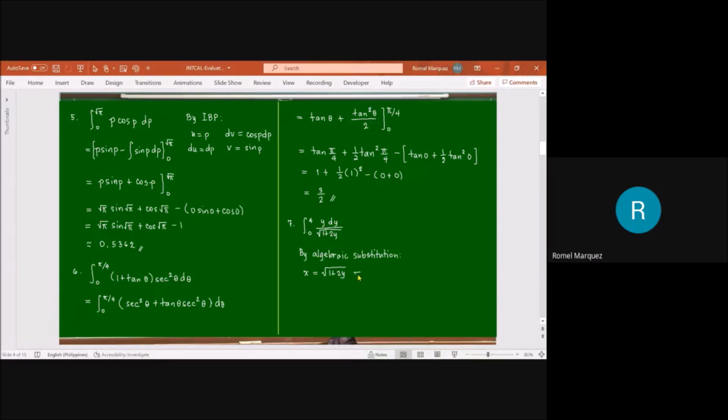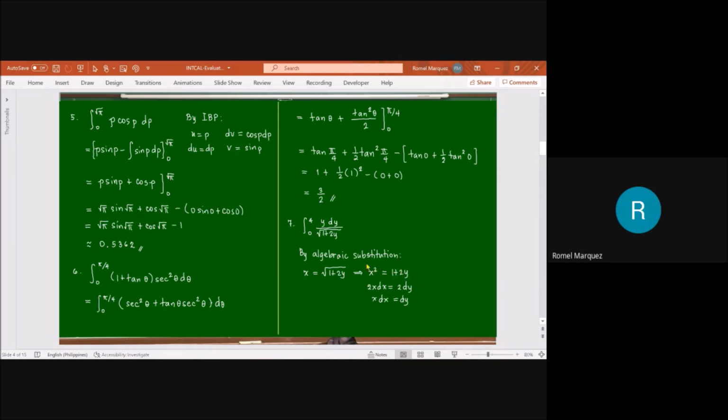When squared, we get x squared equals 1 plus 2y. Getting the differential of each side, we have 2x dx, and that is equal to 2 dy, right? Or we have x dx is equal to dy. Am I correct, guys?